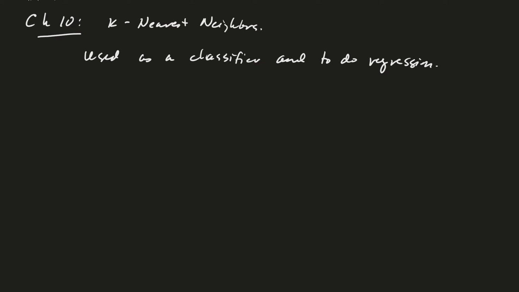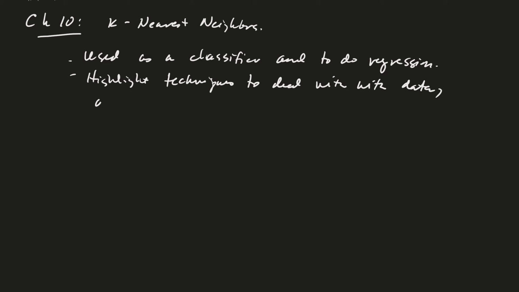Now, I should say that the real reason that we're doing this now is that I want to highlight things to do with data. So when you're given data, highlight techniques to deal with data and training parameters just in general, right?